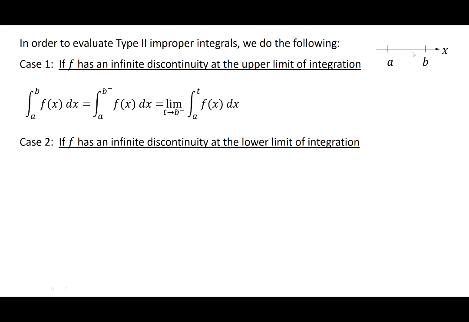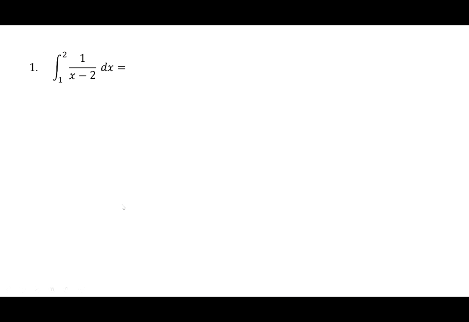What if we don't let x equal a, but x simply stays to the right of a? So that means limit as x approaches a plus is how we will deal with this situation. That's it. Limit as t approaches a plus, integral t to b f of x dx. Mathematically, this is how they say it, but I'll show you with a few examples.